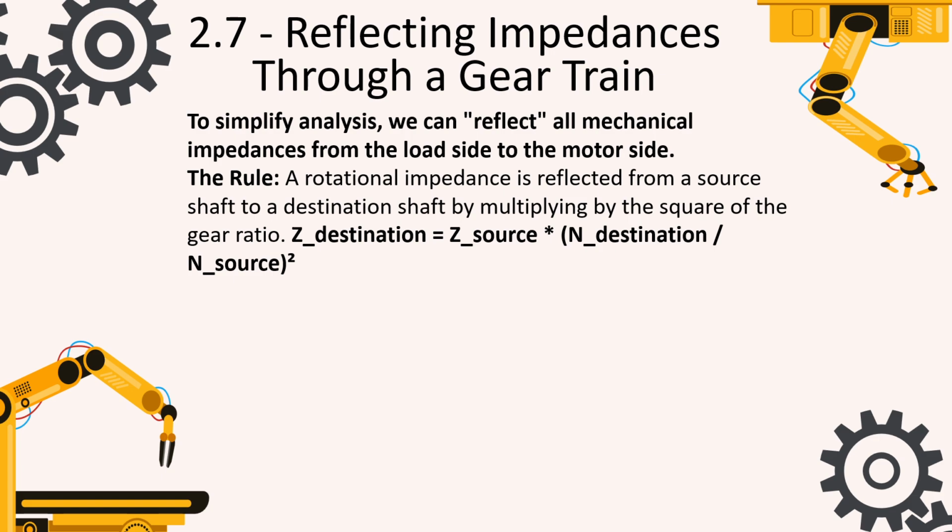To simplify analysis, we can reflect all mechanical impedances from the load side to the motor side. A rotational impedance is reflected from a source shaft to a destination shaft by multiplying by the square of the gear ratio, as we say.